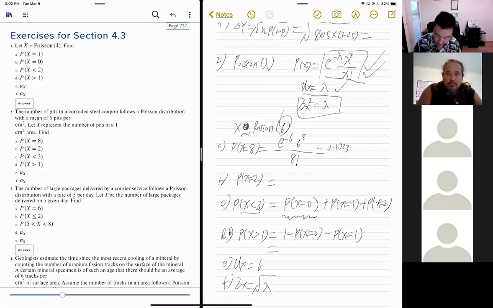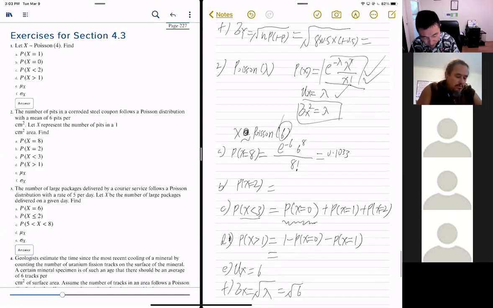Sigma X is called standard deviation, and sigma X squared is called variance. So pay attention to this. That's the square root of lambda, square root of 6. Well, so that is question number 2.